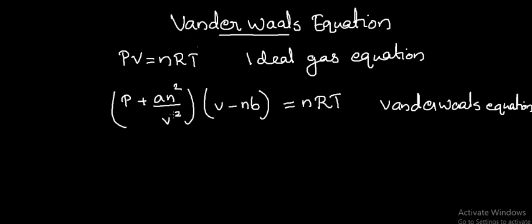The Van der Waals constants are characteristics of each gas. Here an²/V² is called the pressure correction term, and nb is called the volume correction term.